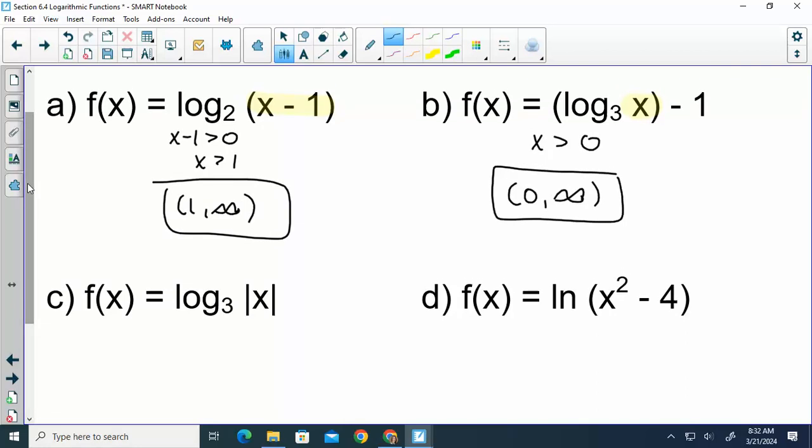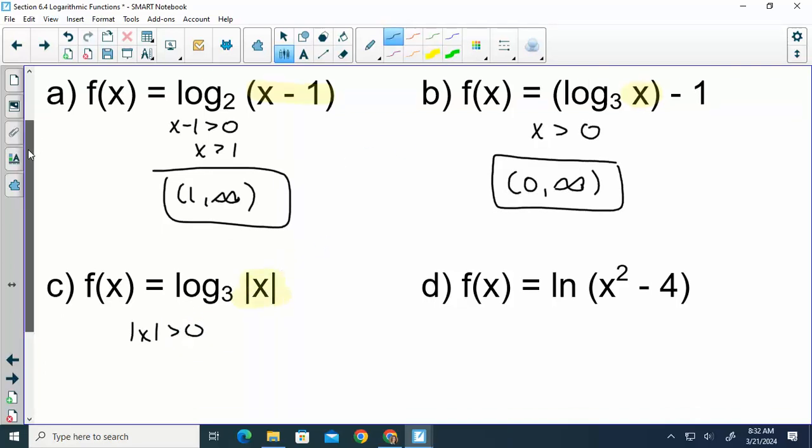That one's tricky. So the absolute value of x is greater than 0. So it would just be negative infinity to infinity. Almost.